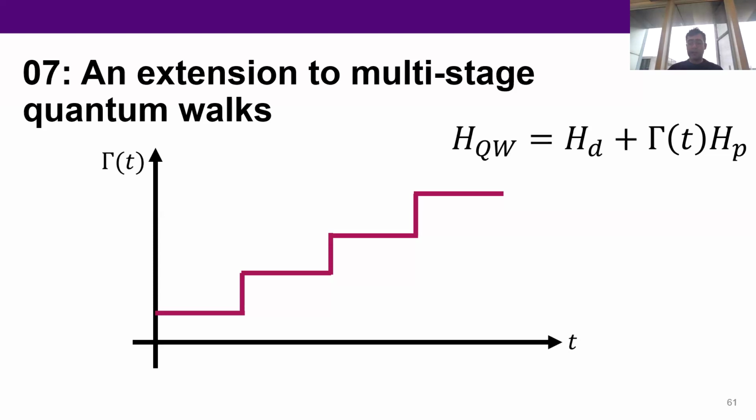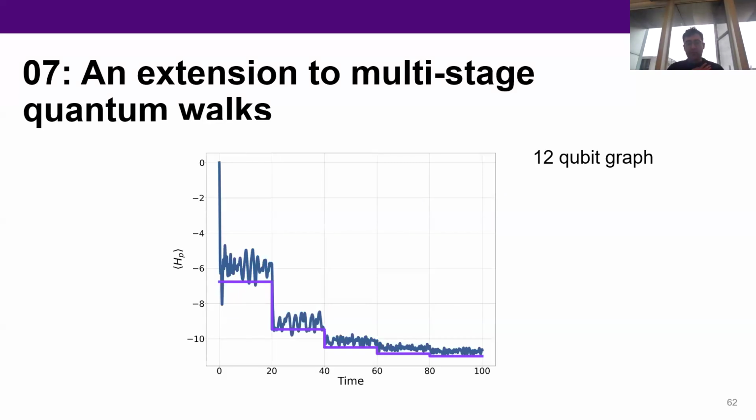And we could look at a numerical example of this. So here we have a 5-stage quantum walk, where gamma starts at 0.5 and increases by 0.5 each stage. The blue shows the Schrodinger evolution, and we can see at each stage, it is approaching some sort of steady state value.